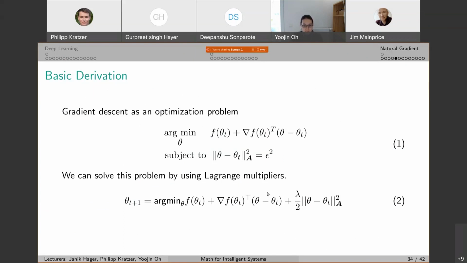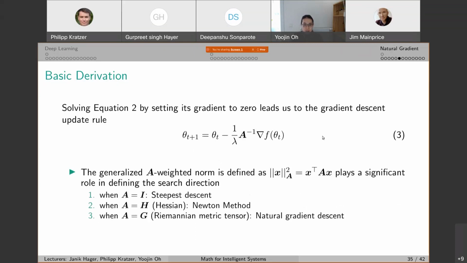And we can solve this problem using Lagrange multipliers. So if we express it with the Lagrange multipliers, it would be like this, with the Lagrange multiplier in the step. And when we take the first order gradient of the Lagrangian, this equation would then lead us to the step update function.